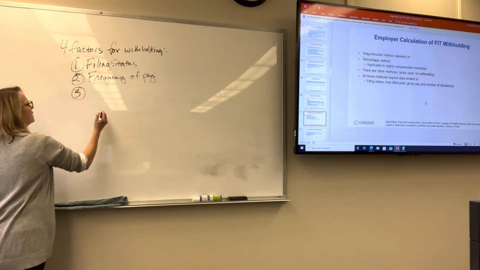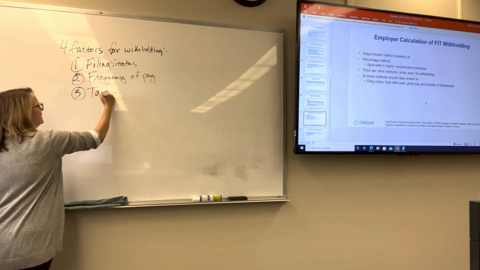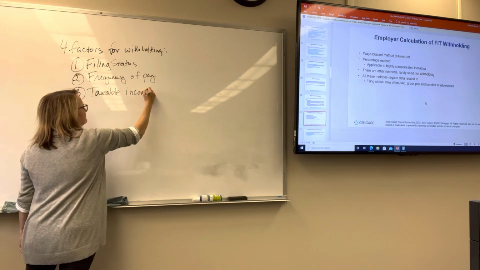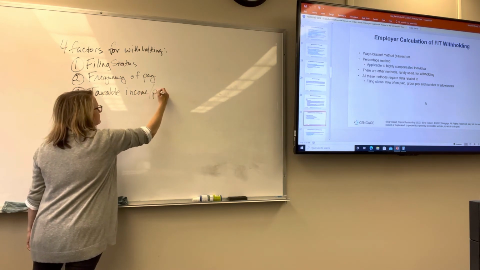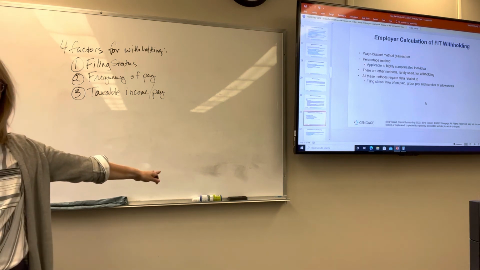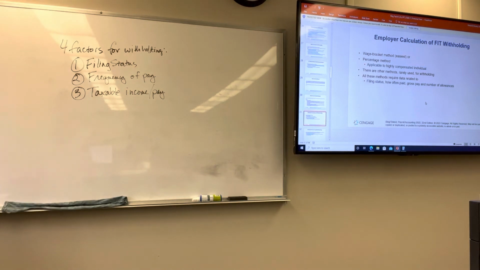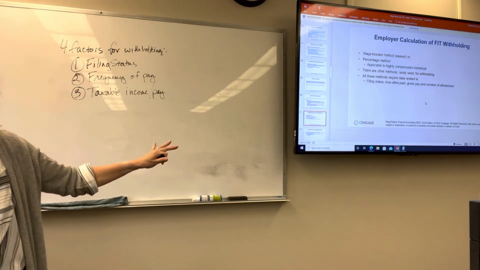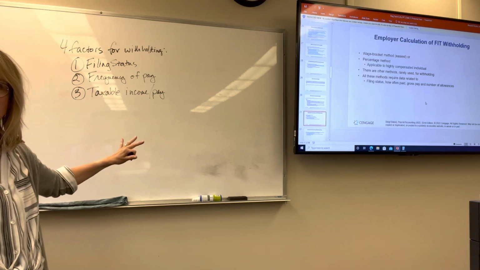Third thing you need to know is the amount of taxable income per pay. Remember, it's on a per pay basis. So you would have already subtracted any pre-tax contributions that were made to different types of benefits, right?